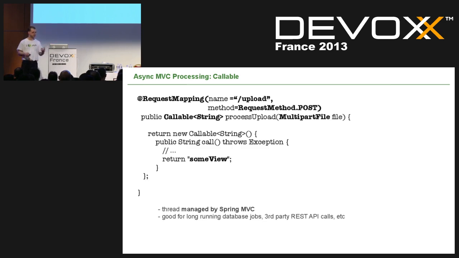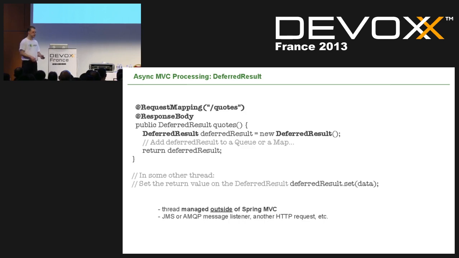This syntax, this approach, is very good, but the thread is still managed by Spring MVC. Another common use case is I want to work with a thread outside of Spring MVC. Okay, here I have a request endpoint. This is a DeferredResult in Spring MVC. This is a regular, kind of interesting class. You create a DeferredResult.